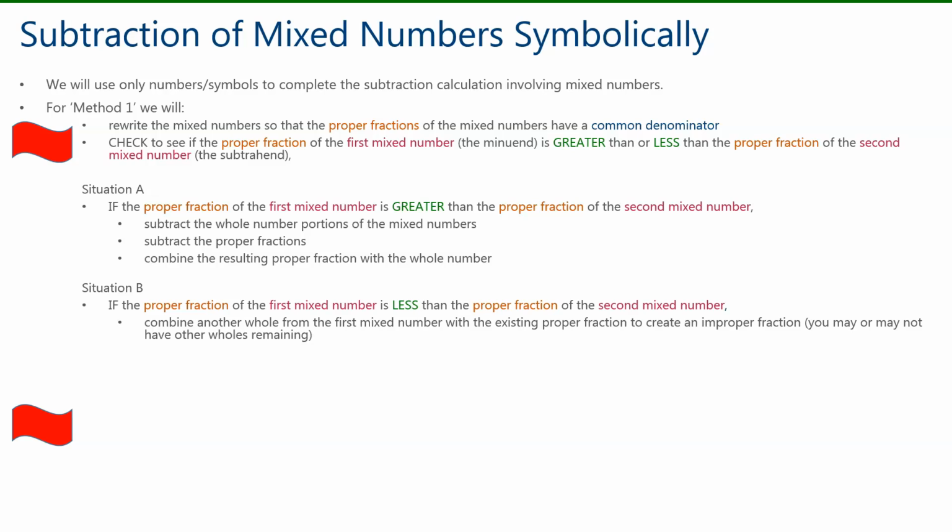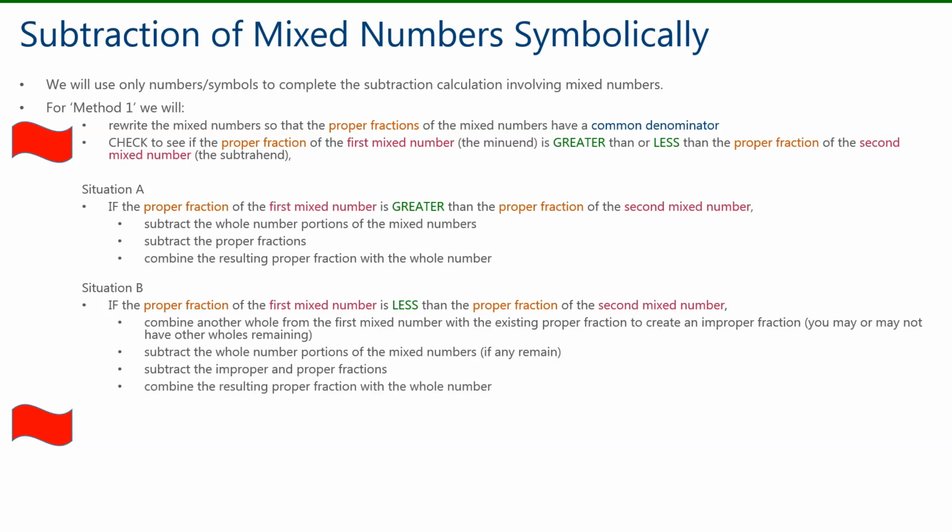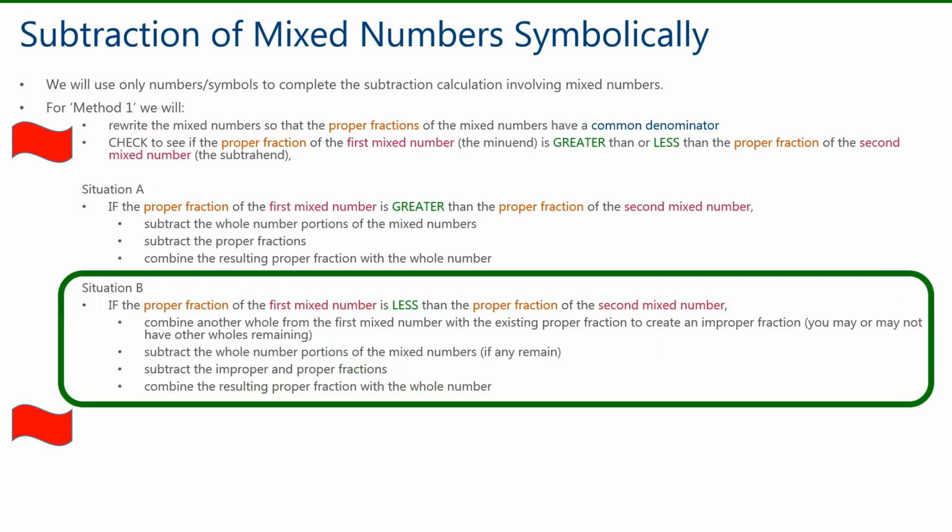When we do this, you may or may not have any other wholes remaining. It depends on the question. We then subtract the whole number portions of the mixed numbers, if any remain. We subtract the improper and proper fractions. And again, we combine the resulting proper fraction with the whole number. So that's our Situation B.